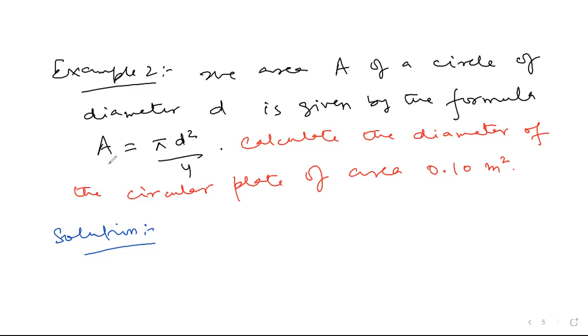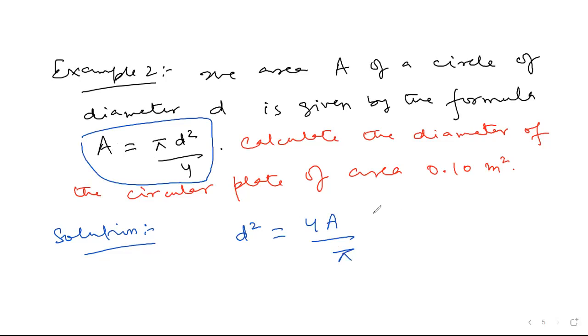So when we rearrange this equation for area, we solve for D square as 4A by pi. So let us put the numbers. 4A is given, 0.10 meter square. We have pi downstairs.